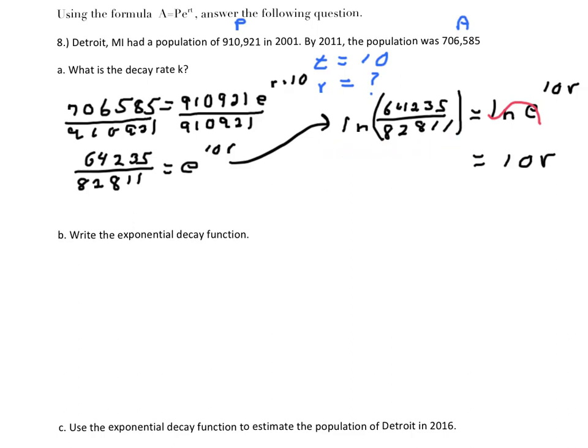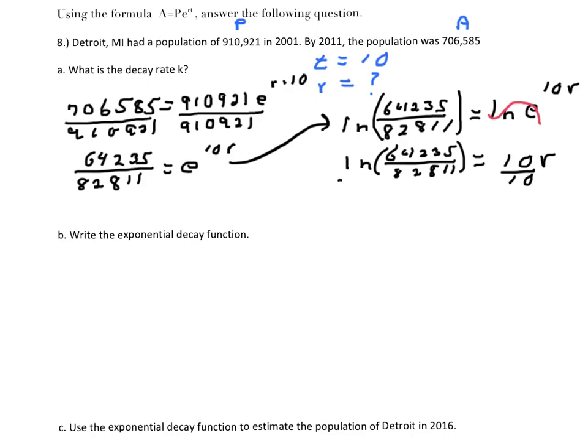Now, if we take our calculator, and let's go ahead and plug that in, and we're going to take the natural log of that answer. Before going that direction, I'm going to do one more thing to it. Let me just carry this down so it looks good on the board here. 64235 divided by 82811. Then I'm going to divide this by 10.